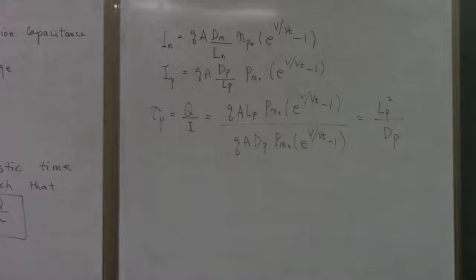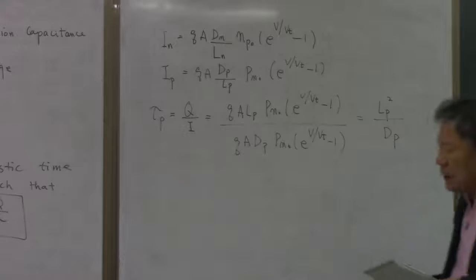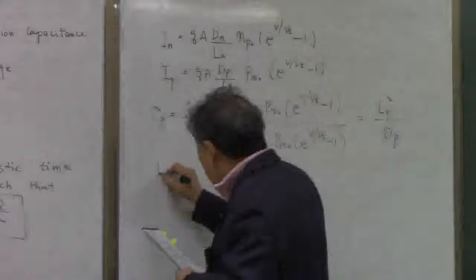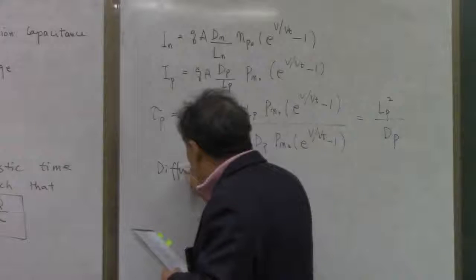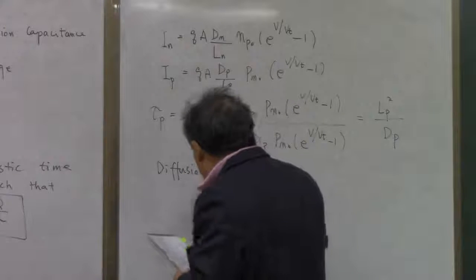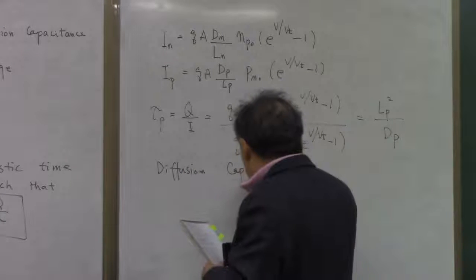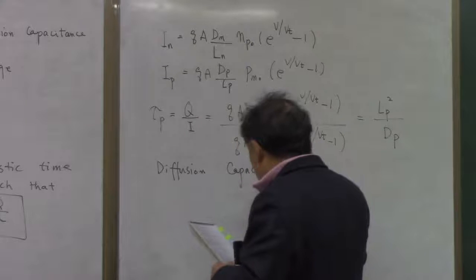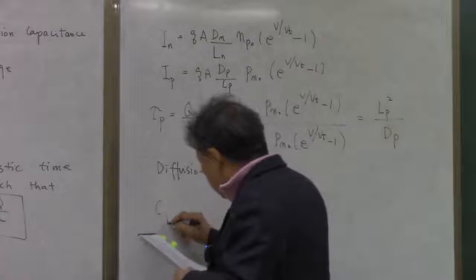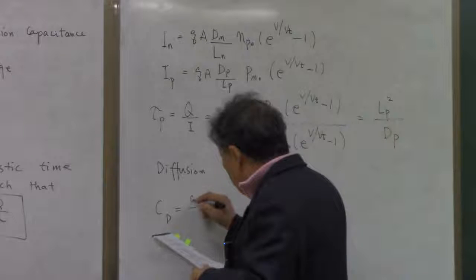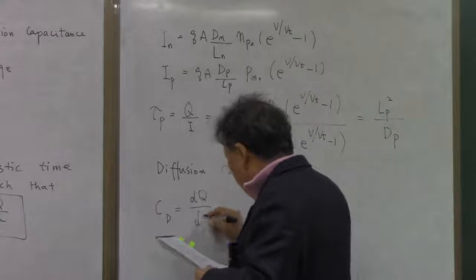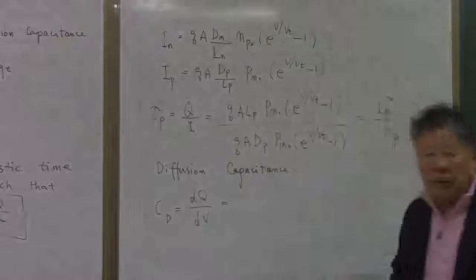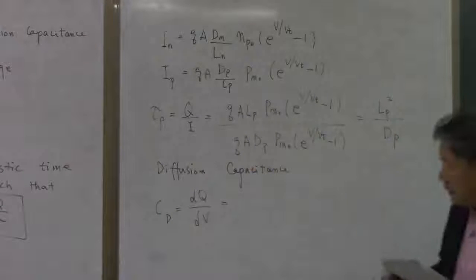Now, if we can get the characteristic time, then we can get the diffusion capacitance. That is dq over dV, the same thing for the capacitance again.